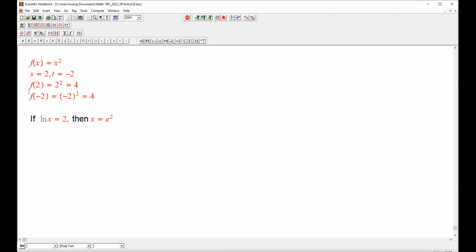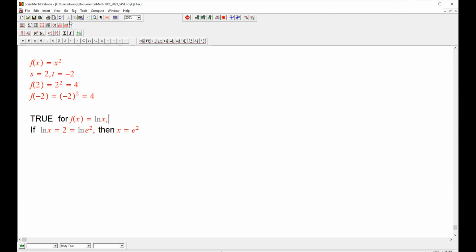So in this case, we use this property, because 2 equals ln e squared. The output is the same, therefore the input is the same. In this case, the statement is true for certain functions. And in fact, you have used them before.